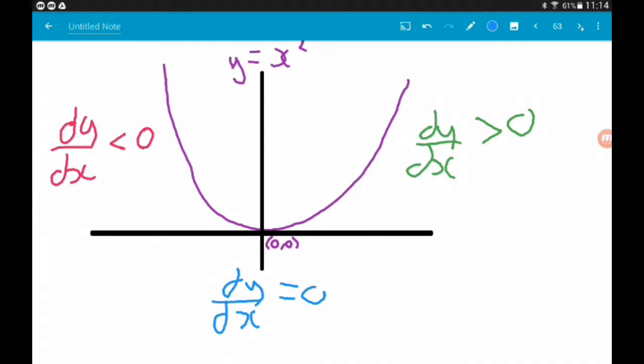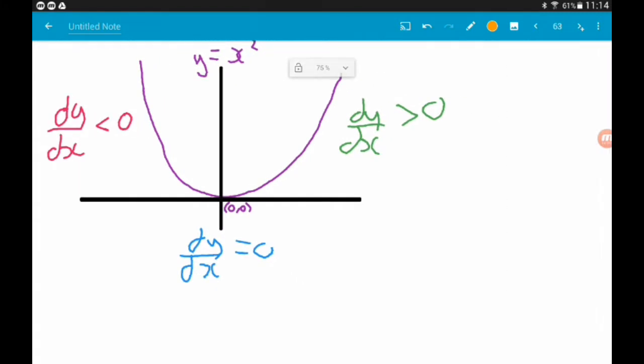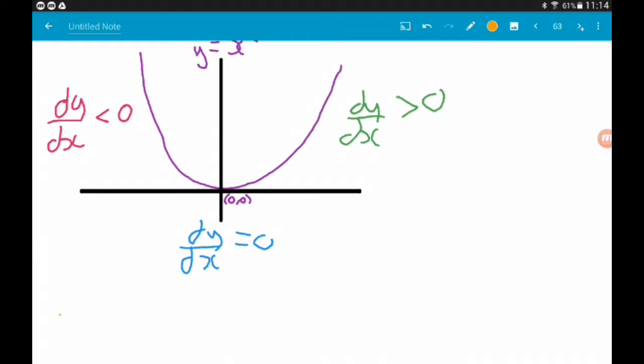In terms of the gradient, what's happening with the gradient from left to right? Well, the gradient on the far left started off negative until we got to the stationary point, and then it became positive, and it's getting steeper and steeper the further to the right that we go.